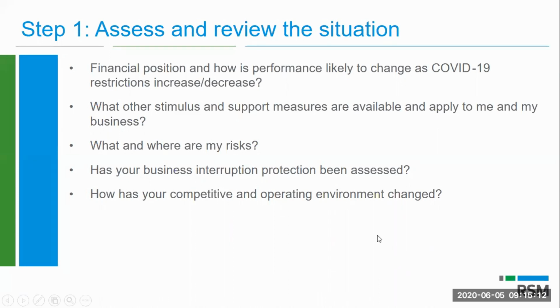The other aspect that we think is critical for you to look at for your business is business interruption protection. Many businesses do have it, not necessarily to the extent that they may need. They're also not aware of the various clauses in their business interruption policies and how they can go about seeking claims.